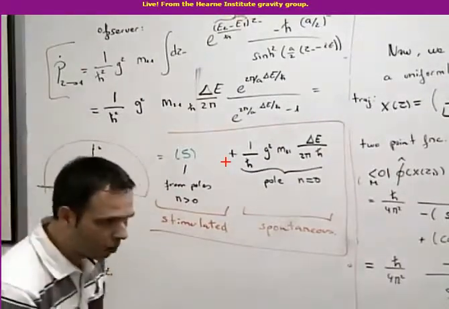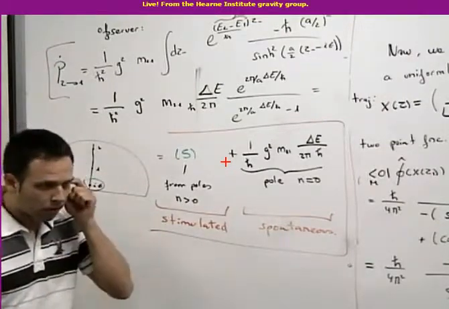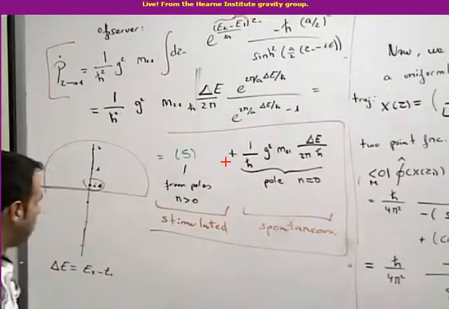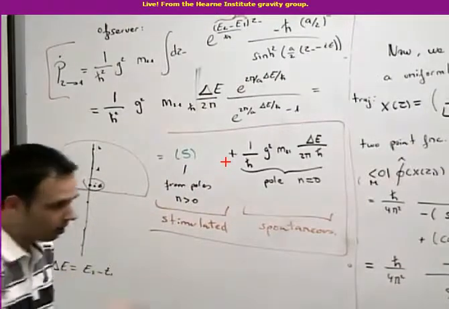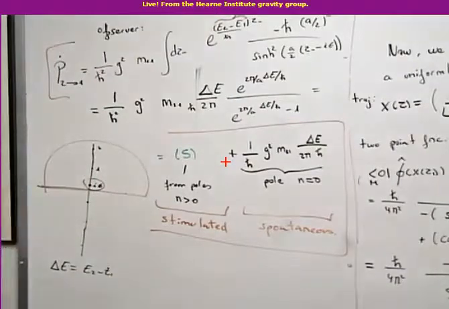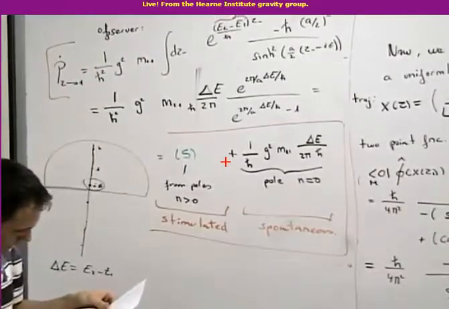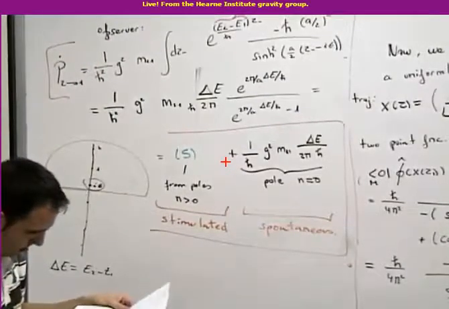This is an example in which the same detector will see different things depending on the state of motion. And this is telling us that for the detector accelerating, for that state of motion, the state is full of particles. And this is the probability of the de-excitation, and that is the probability of excitation.